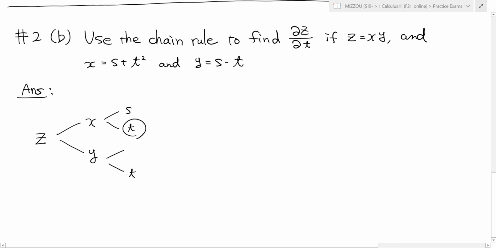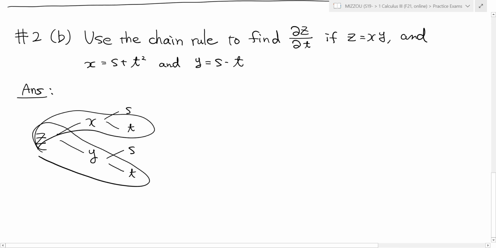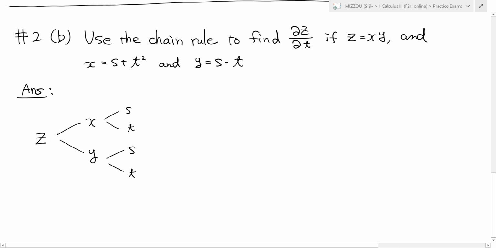So you look at those, and there are 2 paths reaching t from z, namely this one and this path. You label each edge by the corresponding partial derivative, here partial x, partial t, and partial y, partial t. Then multiply them and add all the paths.